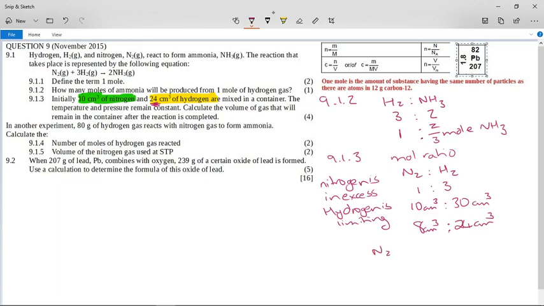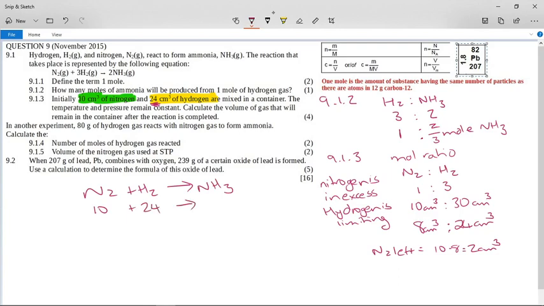So the amount of nitrogen left, okay, is 10 minus 8, which is 2 cubic centimeters. So remember what's going to happen here is we're going to mix the nitrogen and we're going to add the hydrogen, and they will then react to form ammonia, okay. So we mixed 10 of these and we mixed 24 of these.